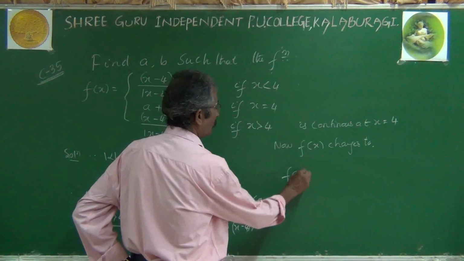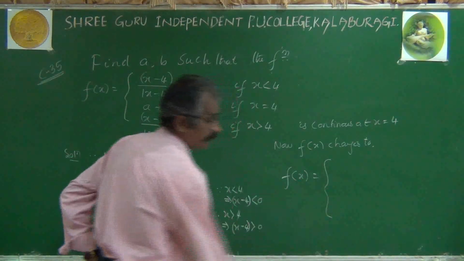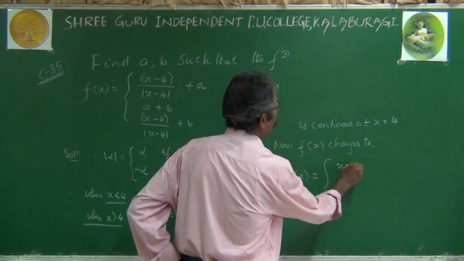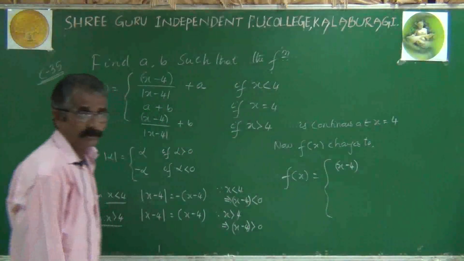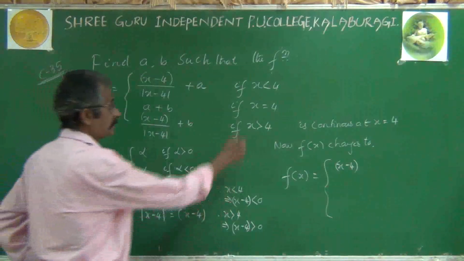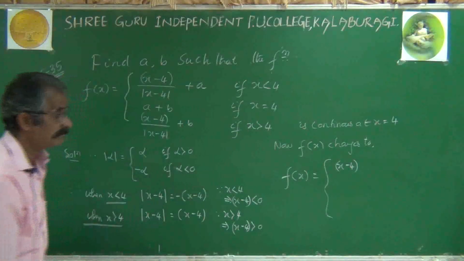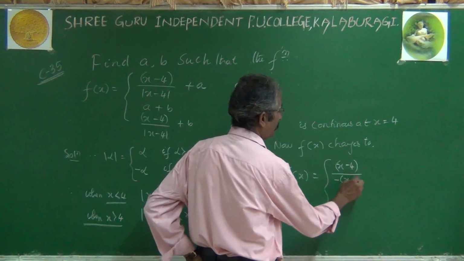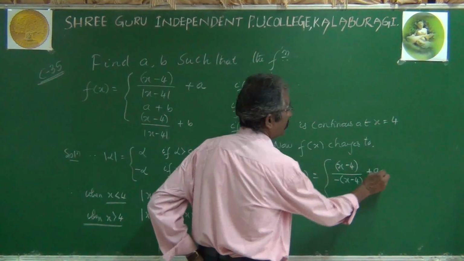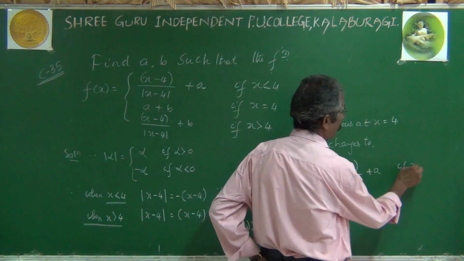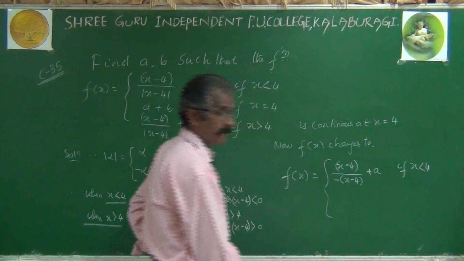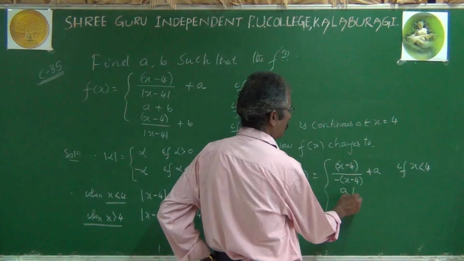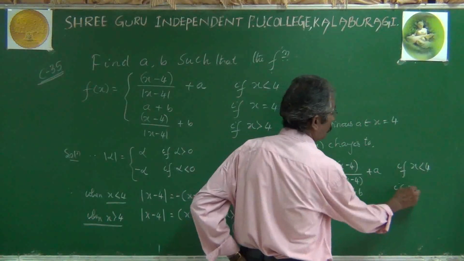F of x equals to now three values. They will not change. x minus 4 divided by, now modulus of x minus 4 for x less than 4 is defined by minus of x minus 4. That is x minus 4 by minus of x minus 4 plus a, if x less than 4. Next, a plus b will remain unchanged, if x equal to 4.